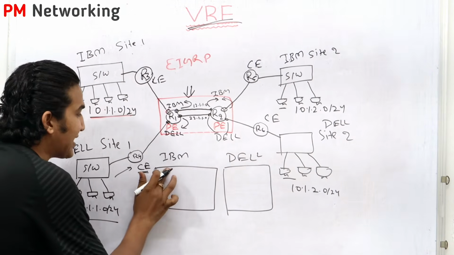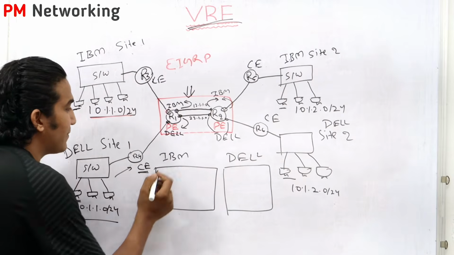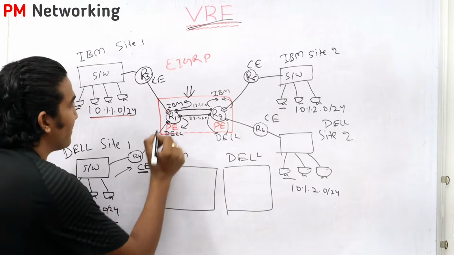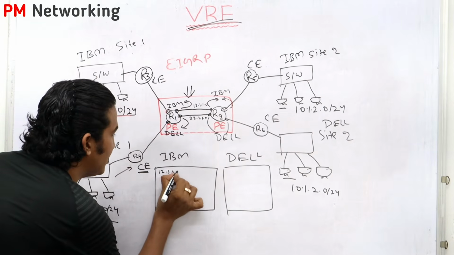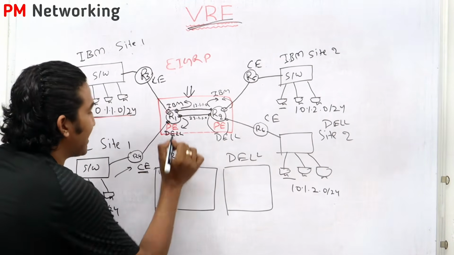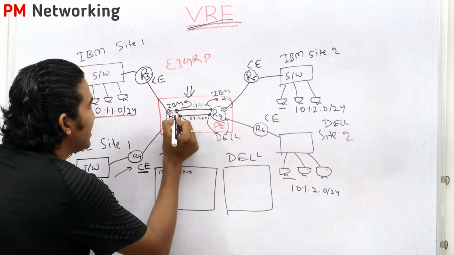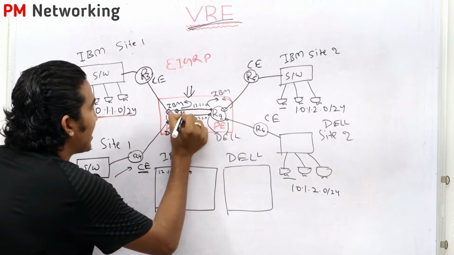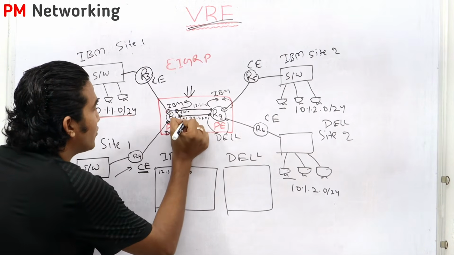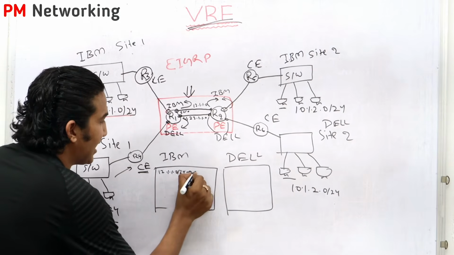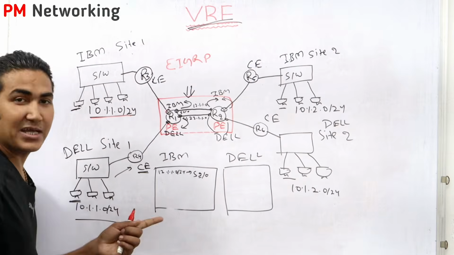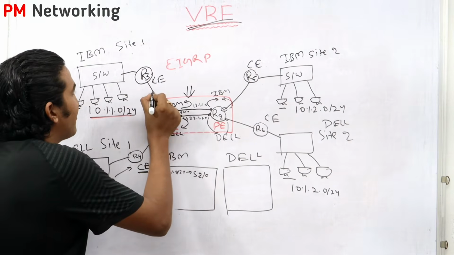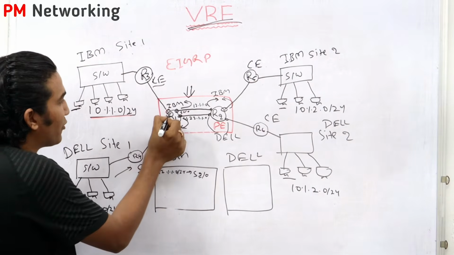So inside the IBM routing table there will be two networks. One is this 12 network, 12.1.1.0/24, which is connected on this link. Let's say this is serial 2/0, this is serial 2/1. After that there will be one more network, the network running between the customer edge and provider edge.